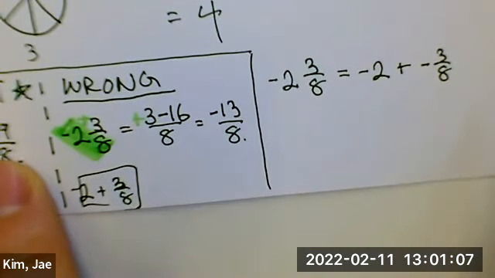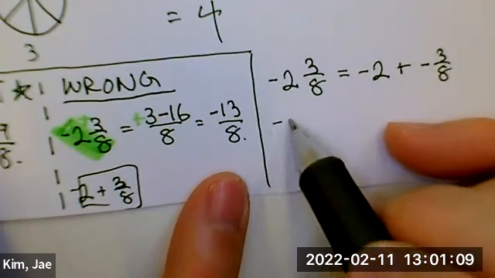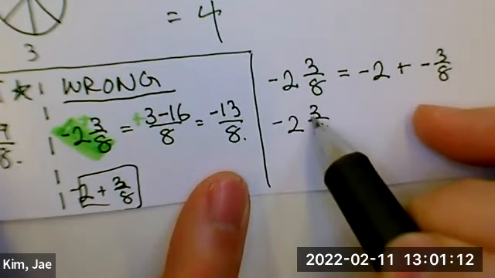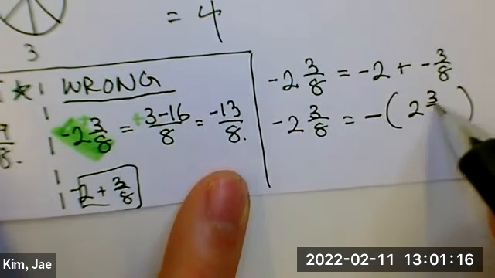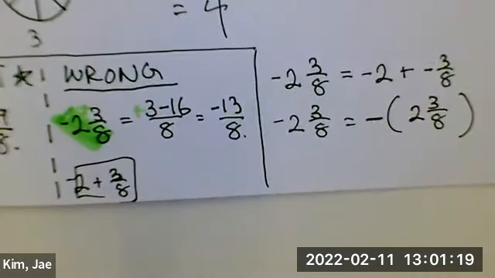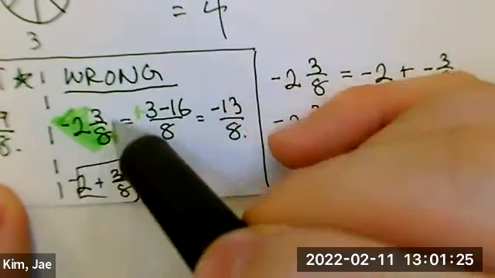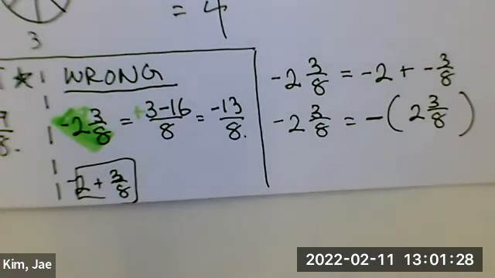Another way you could think about it is -2 3/8 is the same as the negative value of 2 3/8. All I'm trying to say is this number, this fraction is together. They are all negative together. So pretend the negative isn't there. Just solve it as is and then multiply it by a -1, if that makes it easier for you.